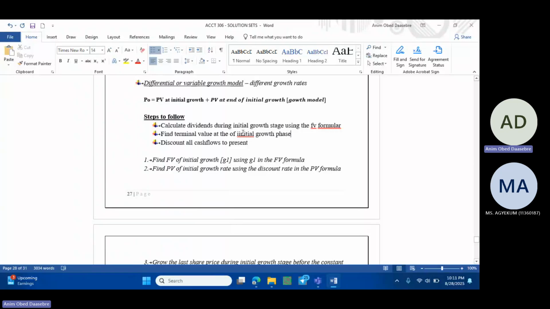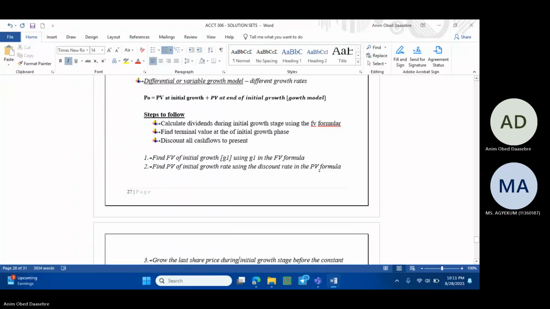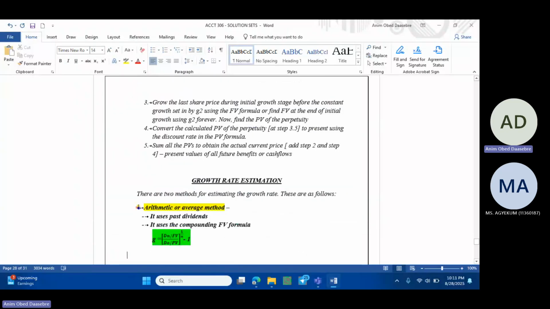Then after you are done with that, you discount all the cash flows to present. So that's what we need to do now.